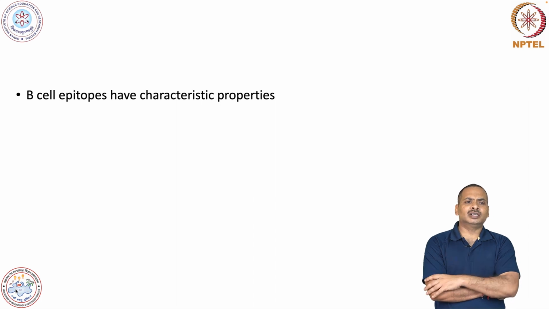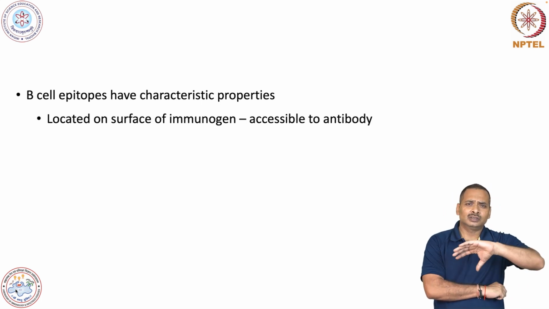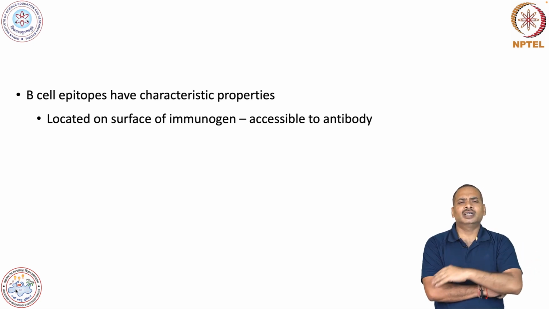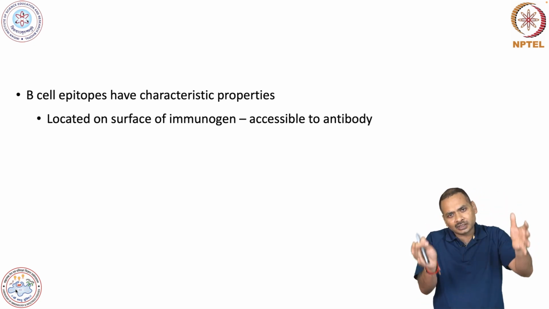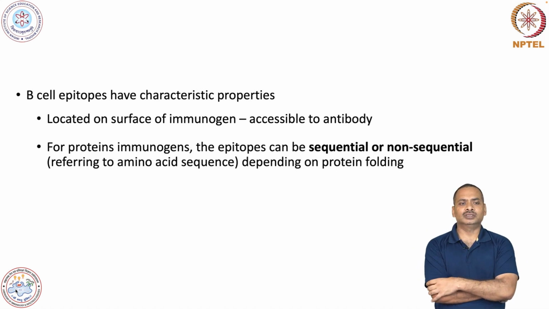So, B cell epitope has this characteristic property which I have already explained. Basically, they are located on the surface of antigen or immunogen, and basically it is accessible. Since it is present on the surface, it is accessible by the antibodies.